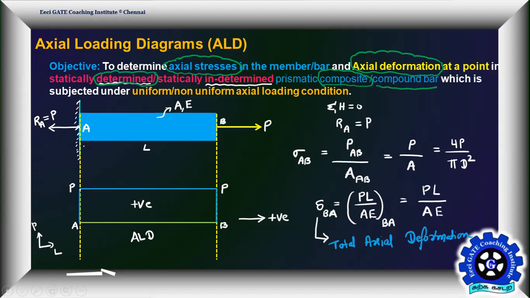Compound bar means same material. Composite means two different materials. Uniform means only one load; non-uniform means different loads. Statically determinate means you can easily determine the support reactions using the equilibrium equations.